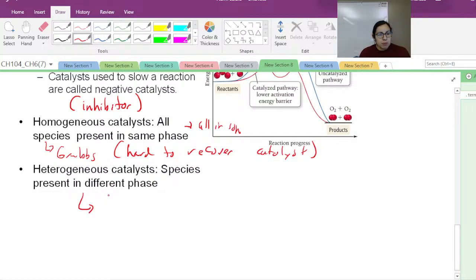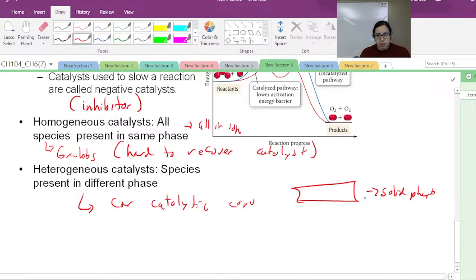And so some example of this would be your car catalytic converter. So your car catalytic converter is like a solid phase of some sort of, I think it's platinum or palladium metal. And then gas gets passed over it, and then it gets cleaned up by your catalyst.